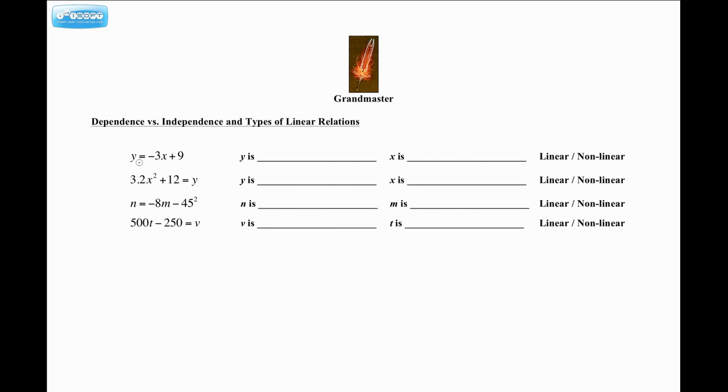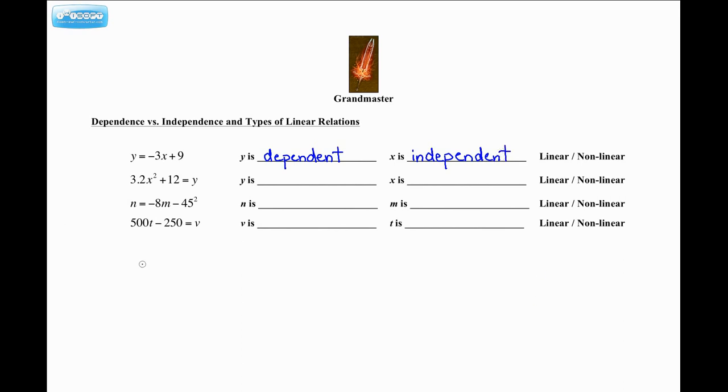Previously I mentioned that the variable that is isolated, the one that's by itself, typically is the dependent variable. So we say y is dependent. It doesn't always have to be, but typically is. Therefore x is independent, the one we're typically free to choose.